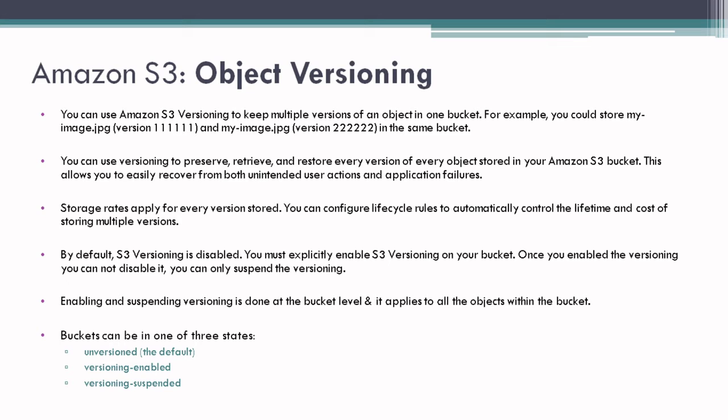And if you suspend the versioning, so you no longer maintain versions, then your bucket will be in the versioning suspended state. So these are the three states for your bucket.